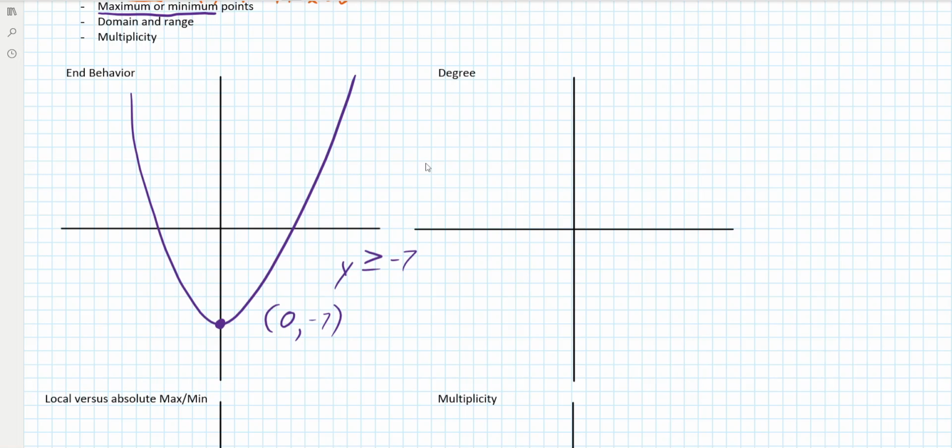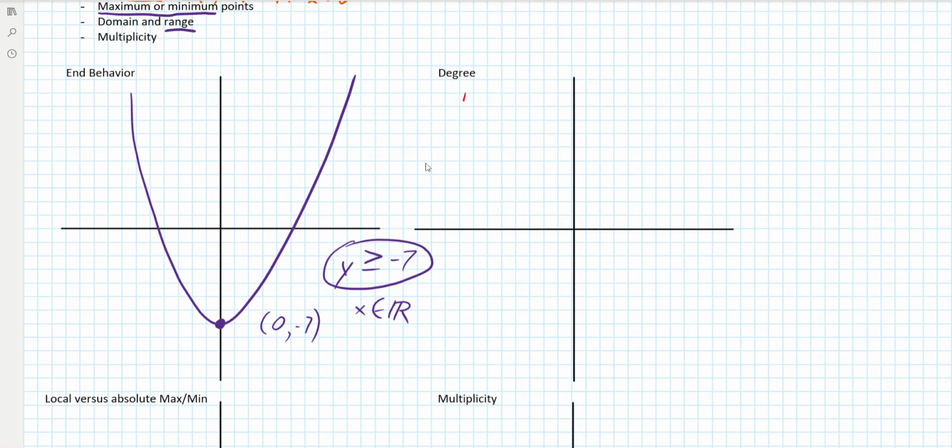Which leads us also into range. So that would be our range. The domain in this question, in all of the questions really, is x is in the real numbers. But you might notice that the range in this question, because it's quadratic, shows up like this.